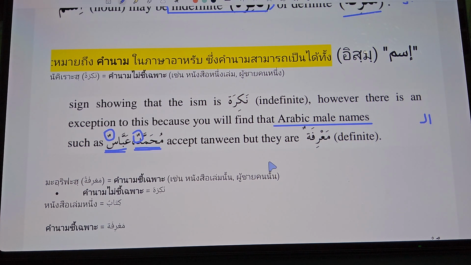No, it is ma'arifa. They accept tanween, but they are ma'arifa, because when we're speaking about Muhammadun, he is a person who is known.